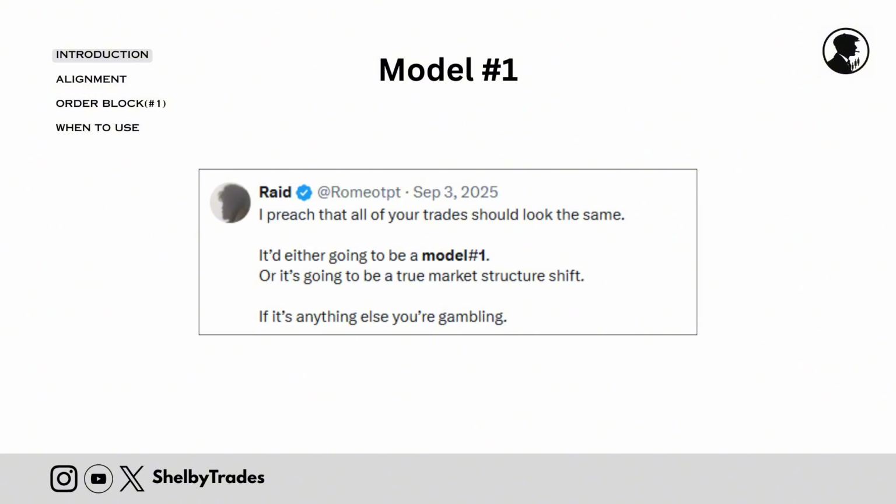You can see here, I preach that all of your trades should look the same. It's either going to be a model one or it's going to be a true market structure shift, right? Market structure shift we will see next, but today we will see the model one. If it's anything else, you are gambling.